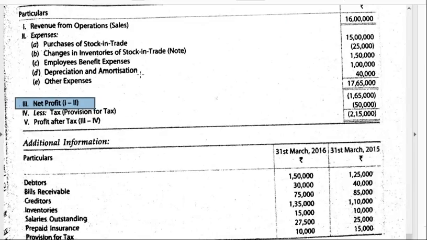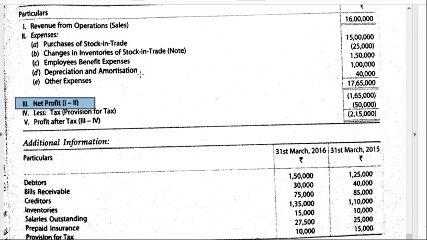Purchases of stock in trade? No, nothing related to the non-cash or non-operations. Changes in inventories of stock in trade, that we will do in current assets, working capital changes. Employees benefit expenses, no treatment, right? Because they have been subtracted correctly.